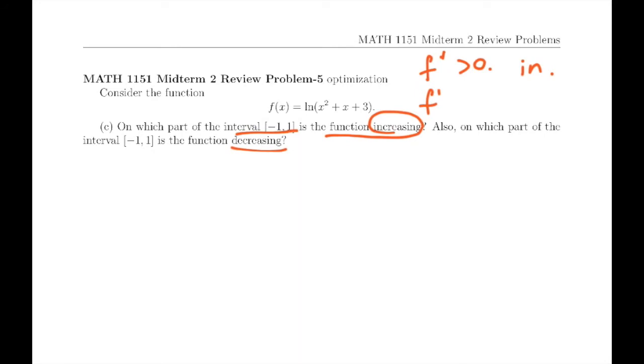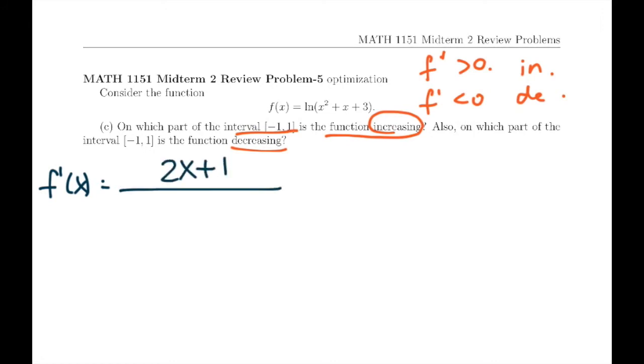that means it is increasing. And if f prime is less than 0, that means it is decreasing. Okay? So I'm going to use the result from part A, because we know that f prime is equal to 2x plus 1 over x squared plus x plus 3.